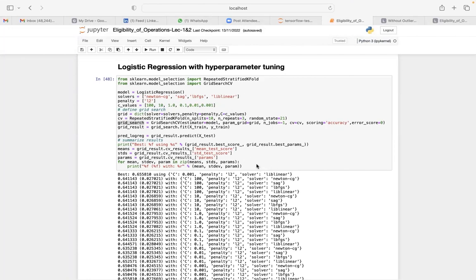So, logistic regression with hyperparameter tuning. Basically, what happens here is we are trying to give some hyperparameters. So what are hyperparameters? You might know, but just to give you brief information: there are things that you do in terms of data to improve your prediction, and there are a few things that you do in terms of mathematically how you can improve your model.